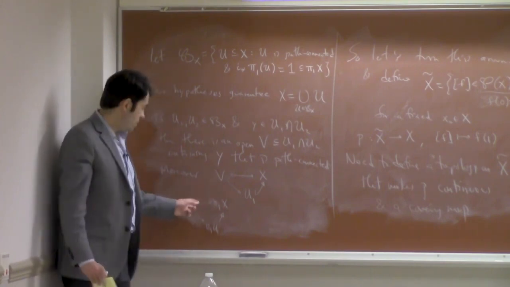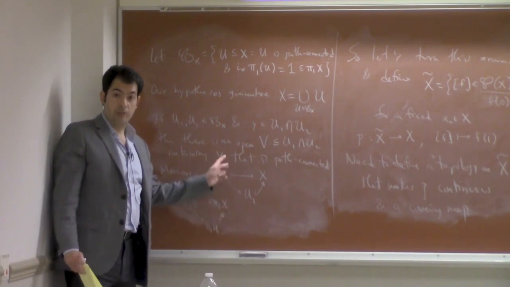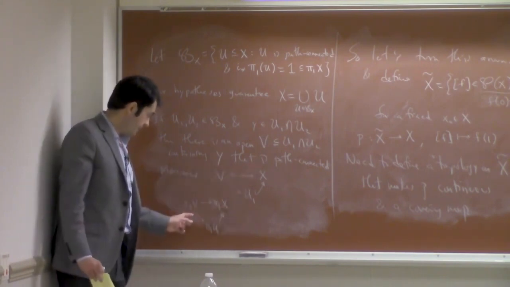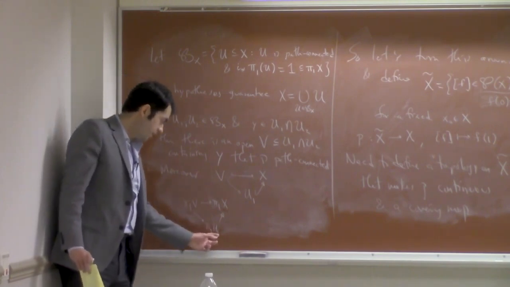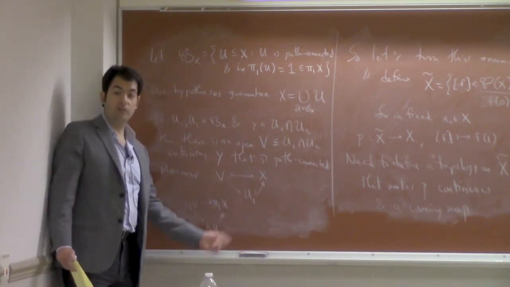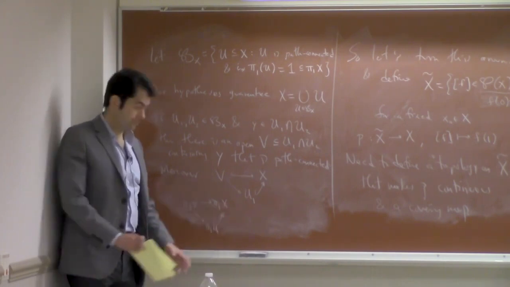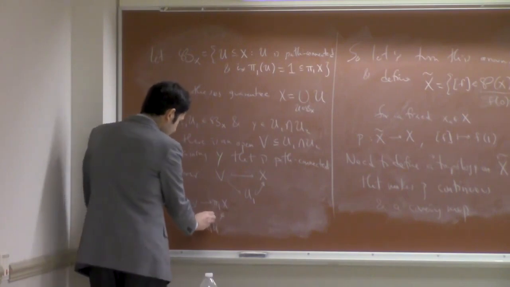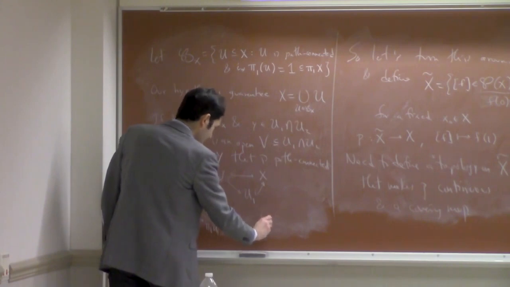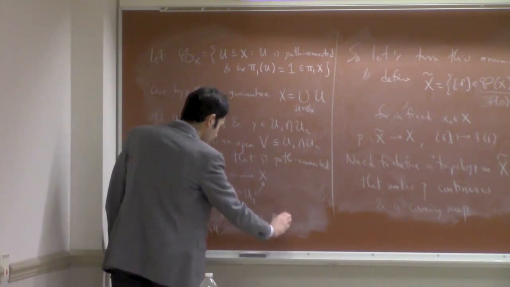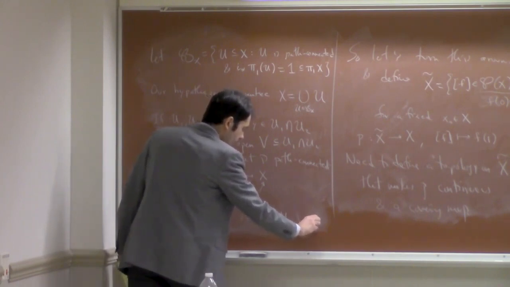So that tells us that the image of this fundamental group inside here, along the inclusion, is contained in the image of the fundamental group of U1 inside here along its inclusion, right? But the image of this group in here is trivial. So the image along its inclusion of the fundamental group of V is trivial inside the fundamental group of X.